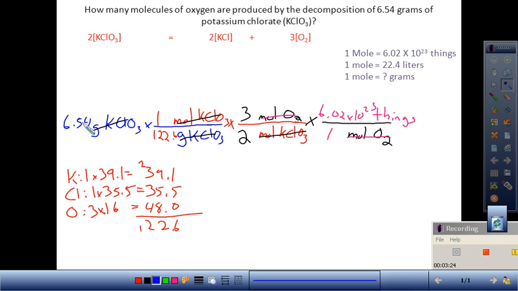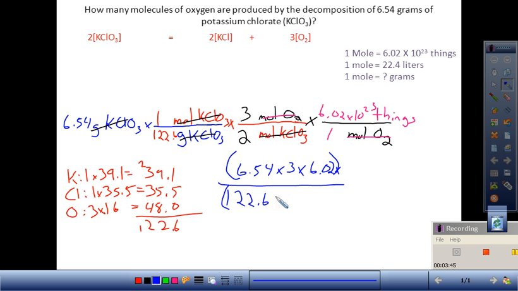Okay, now to summarize, I'm going to take my 6.54 and times it by 3, that's on top, times it by everything else that's on top. And then on the bottom, I got my 122.6 and my 2.